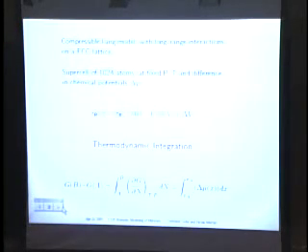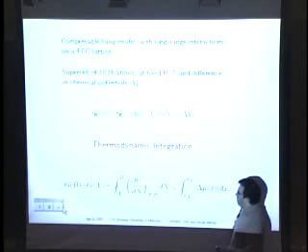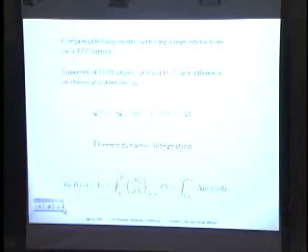And one of the most powerful approaches is that given by thermodynamic integration. That really is based on the fact that while we can't calculate a free energy, we can actually calculate the derivative of a free energy.